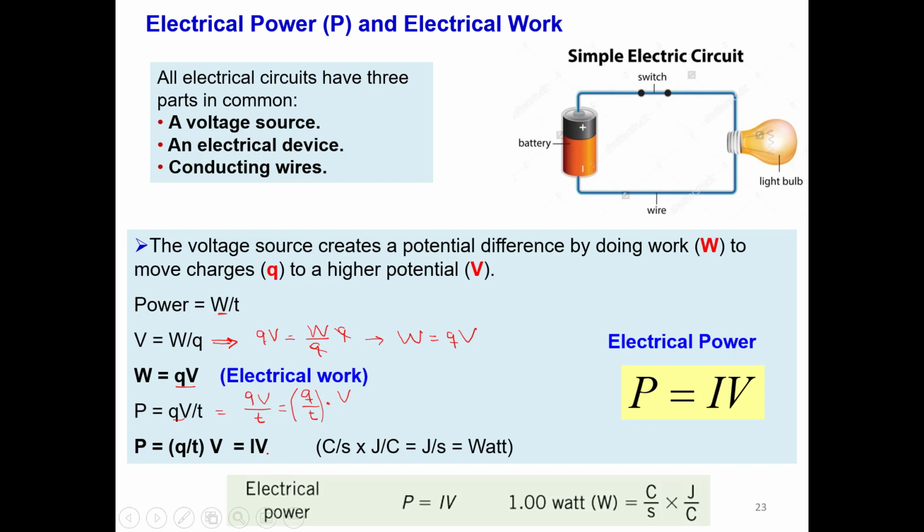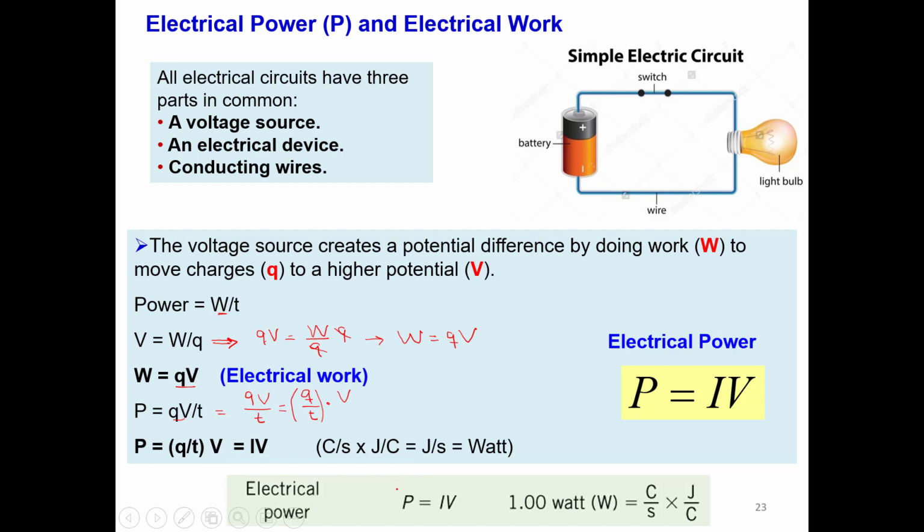This is how we can define the electrical power. We can calculate the electrical power if we multiply the current of the circuit times the voltage of the source. Now, because it's a power, we expect the units in watts.